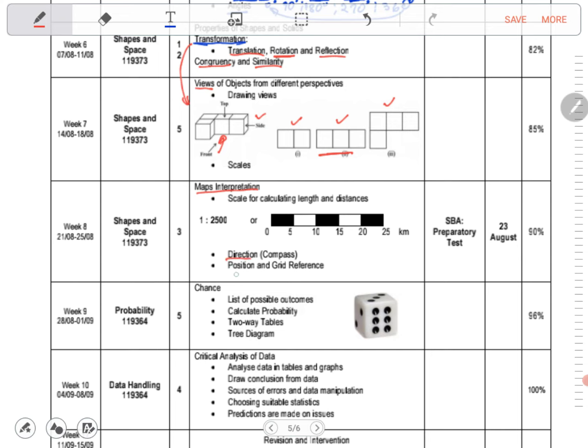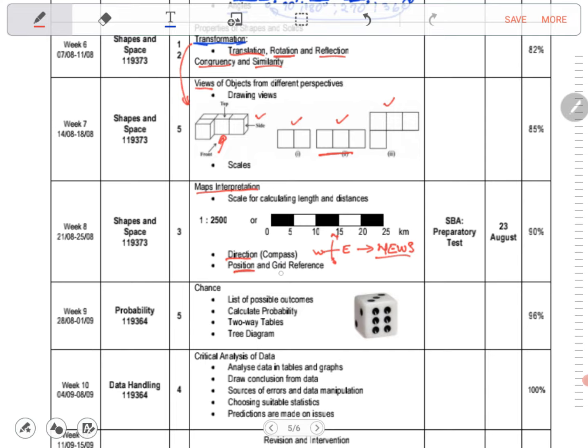We can also deal with directions, where we look at your north, south, east, and west. Somebody says this is news. Okay, all right. And we can also look at the position. Where is something in relation to another location?